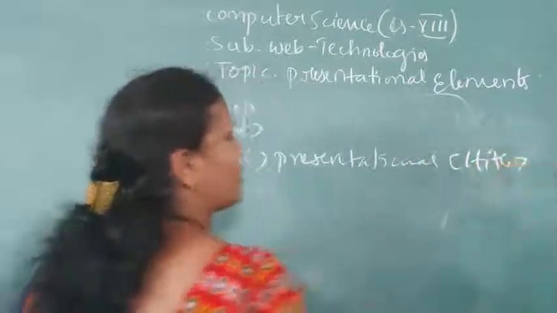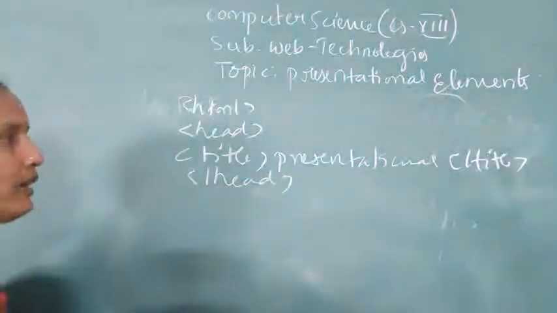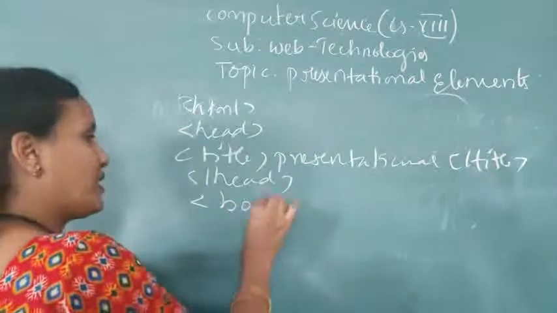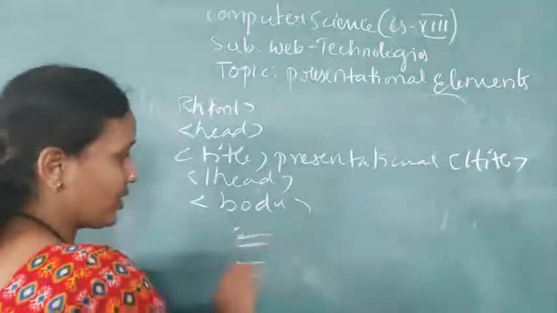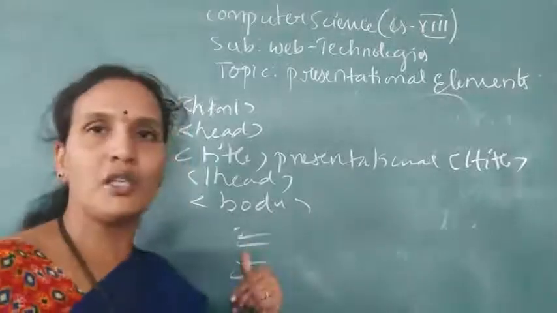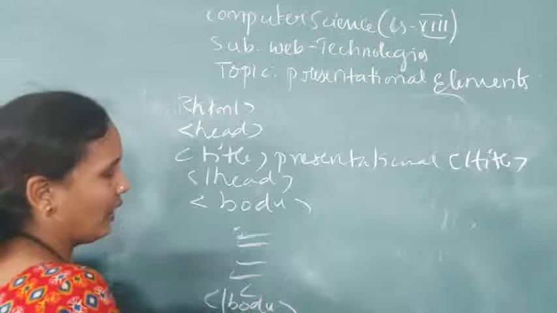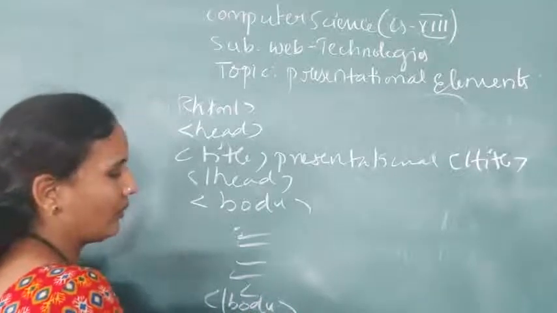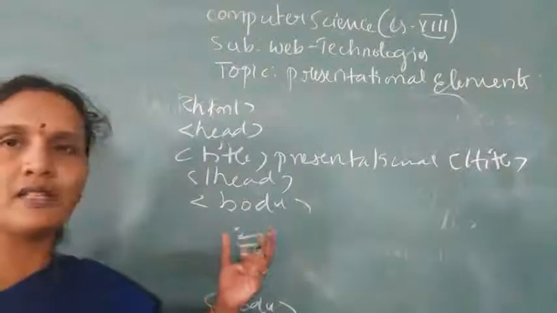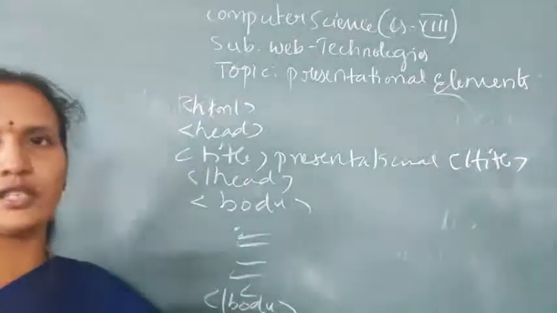This program I will show you in the system also. Just concentrate on where and how to write the program. After closing the head section, open the body section, and inside the body section, include the examples you have given for each and every tag. At last, you close the body tag and you close the HTML. Okay, so this is about presentational elements. Now I will show you the execution part on the system. Okay, you take a screenshot of this.